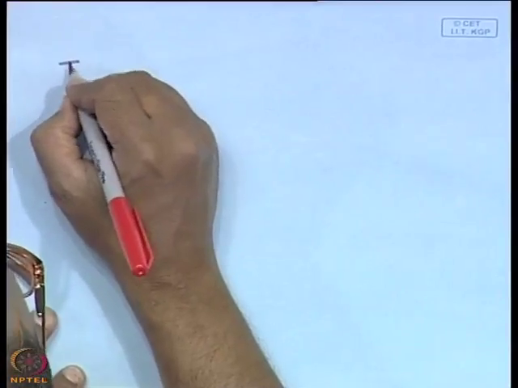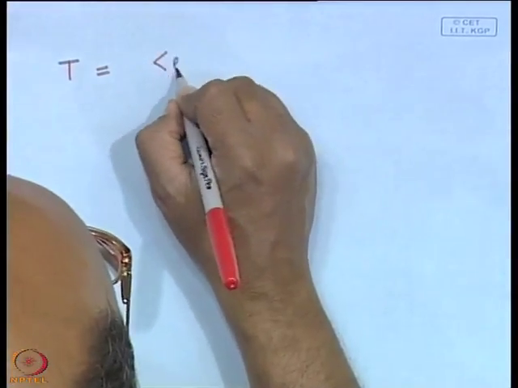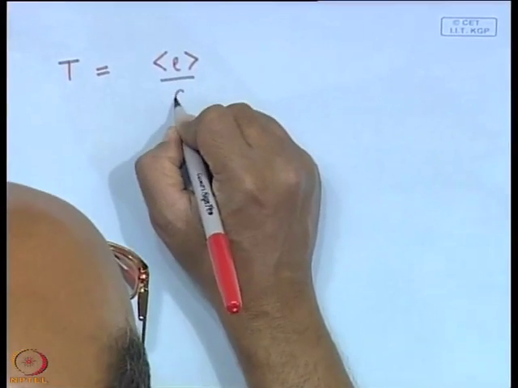And the time the photon takes for each step, so we want to estimate the time the photon takes to come out from the center of the sun. The time for each step is the mean free path divided by c.